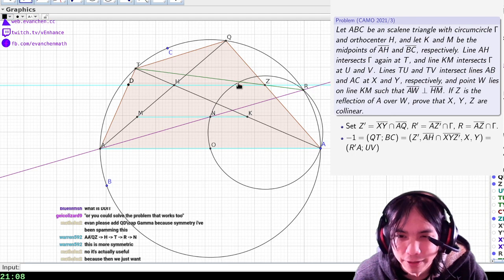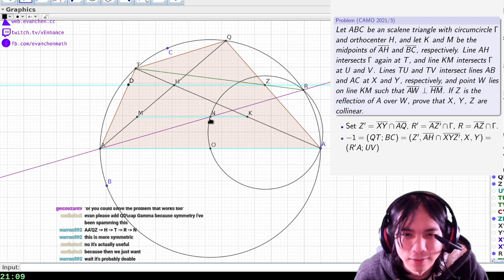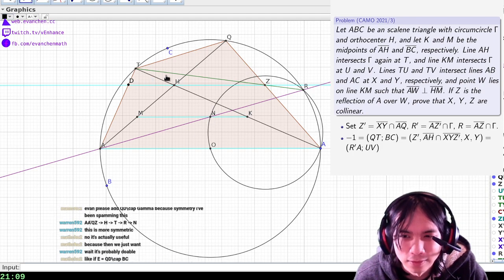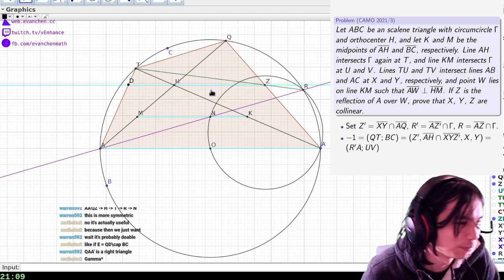In principle, maybe I can get the angle between this line and here. You can get the angle between green and cyan, maybe? I'm not sure. I feel like you should be able to.